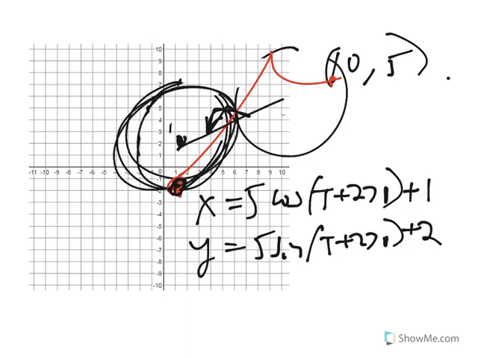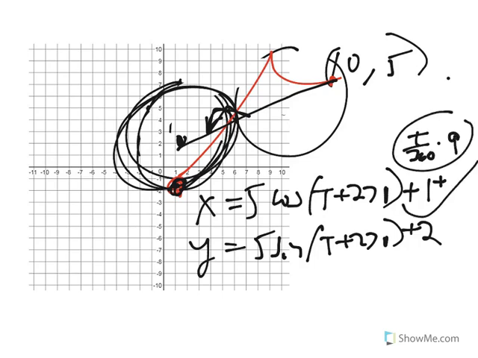But in order for the center to move, I need to add on, it goes from 1 to 10, so I need to add on t over 360 times 9. That way, when I get to 360, this turns into 9, and 1 plus it becomes 10. And the y-coordinate is going from 2 to 5, so I have to go plus t over 360 times 3.